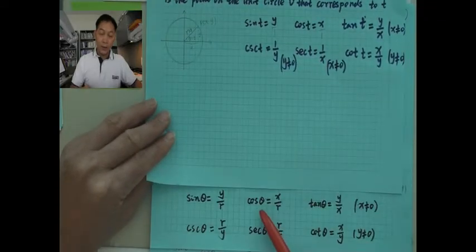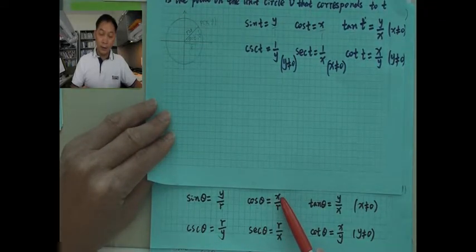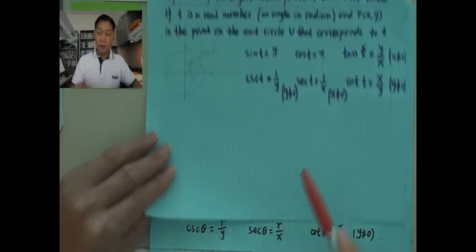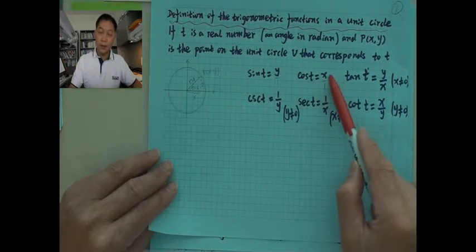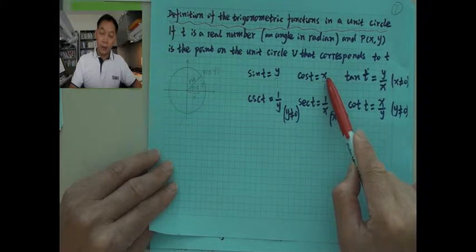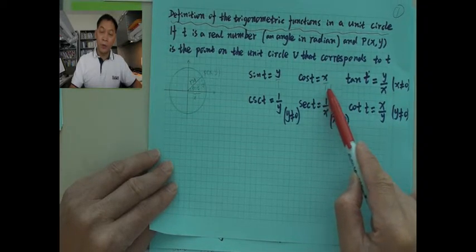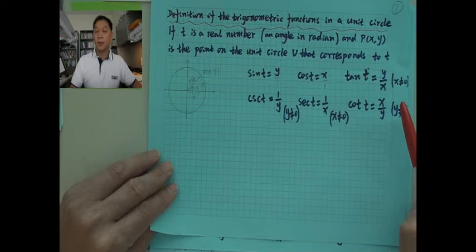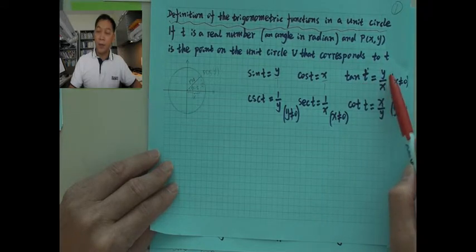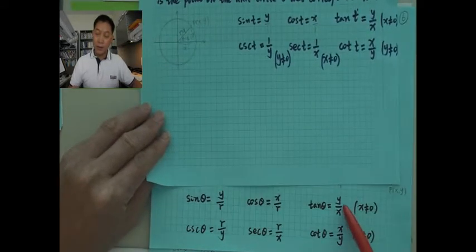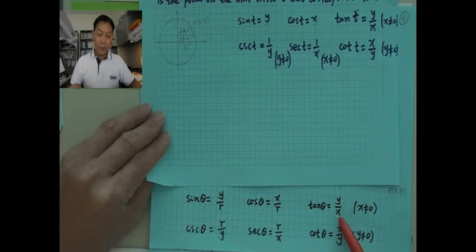And then cosine t is x over 1, and we don't need to write the 1, so cosine t is x. And tangent t is y over x.